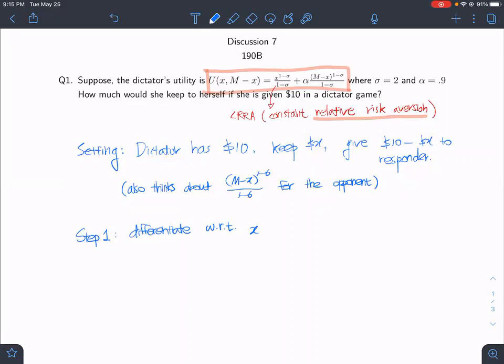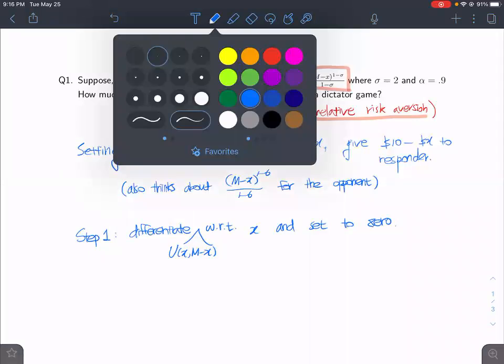We differentiate our utility function and set it to 0, so that the marginal benefit and marginal cost will be the same. If you do that, maybe I can use a different color here.